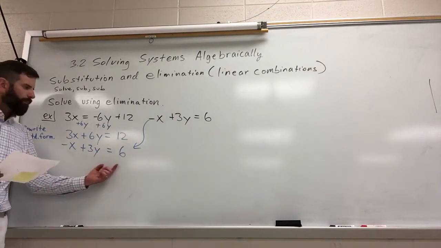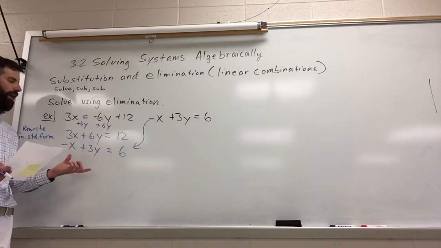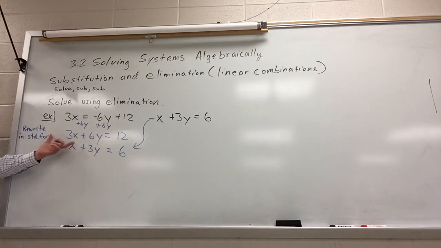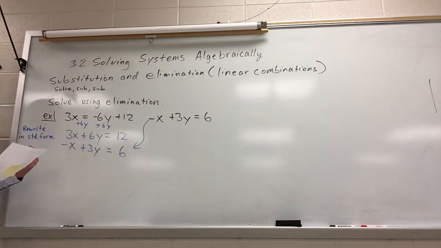Now, I want either the x's to go away when I add, or the y's to go away when I add. And right now, if I was to add this together, the x's would not go away, the y's would not go away. So I've got to manipulate this a little bit first.